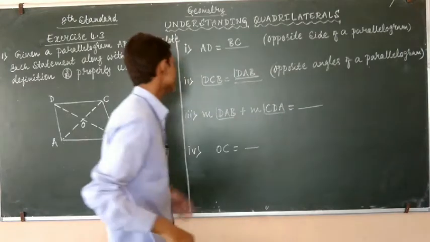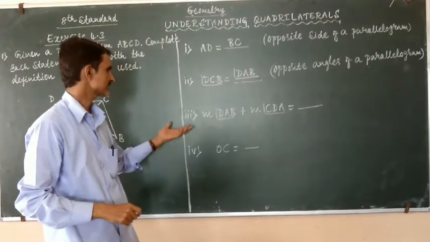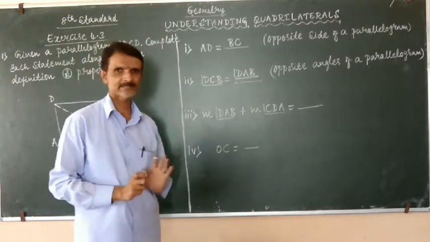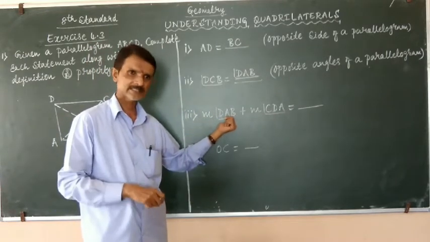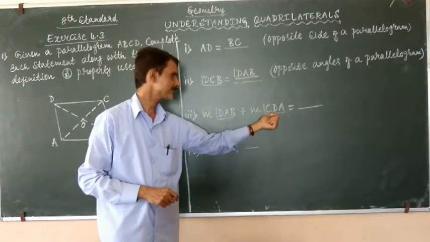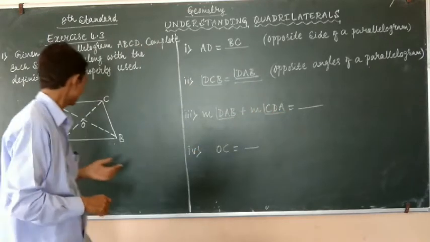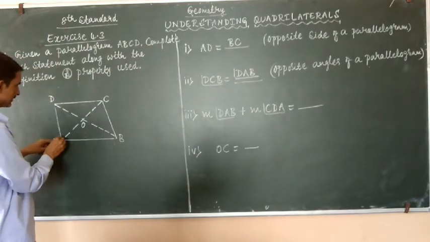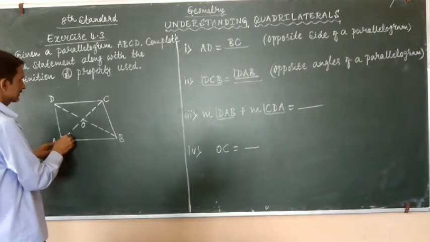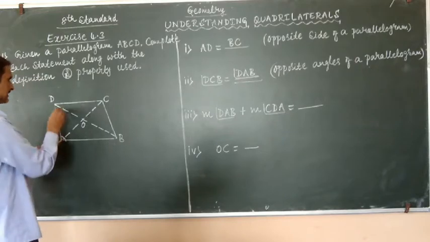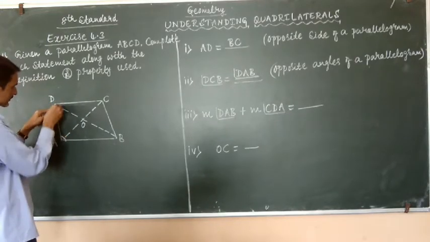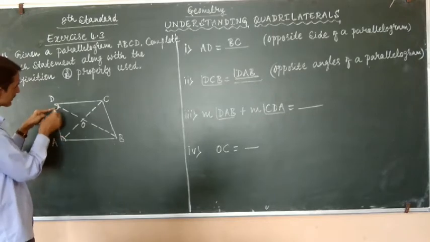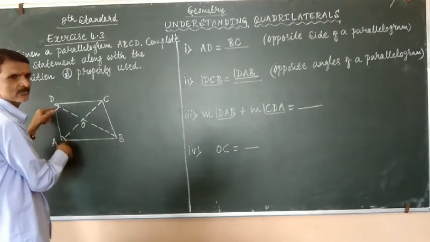Coming to the next statement. The third statement is measure of angle DAB plus measure of angle CDA. Angle DAB means this angle A, and then angle CDA is this one. The sum of these two angles, these two are adjacent angles.